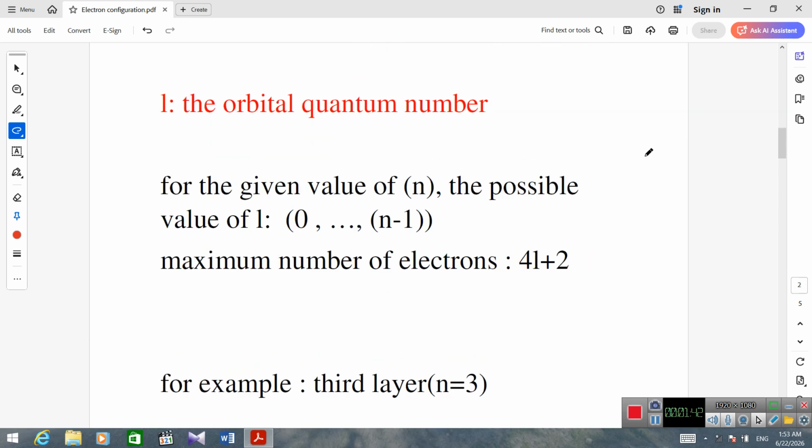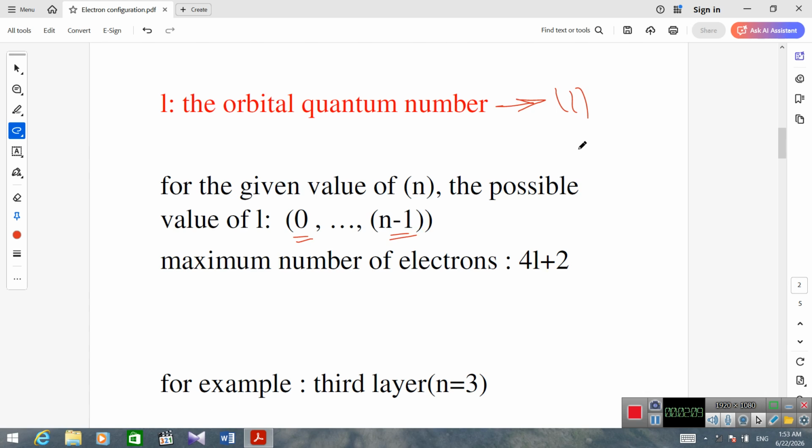But about the orbital quantum number, which we show by l, for a given value of n, the possible values of l can be from 0 till n minus 1.